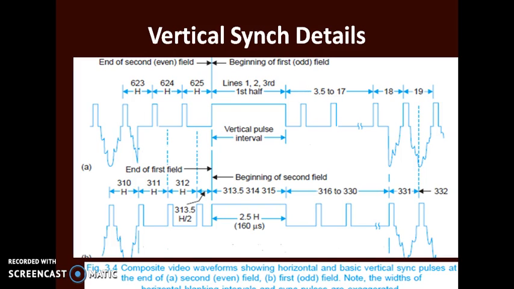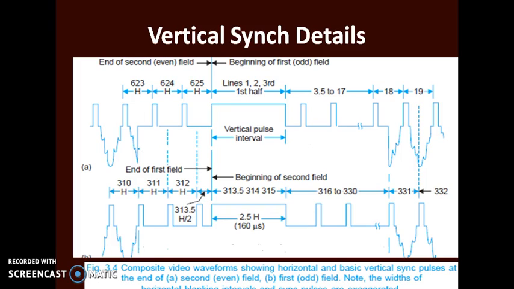Then we will move towards the vertical sync details. Here the vertical sync pulses are added at the end of each field. In the 625 line scanning system in India, in the case of interlace scanning, the total number of scanning lines is divided into two fields. So for the 625 line system, it is divided into 312.5 and 312.5.